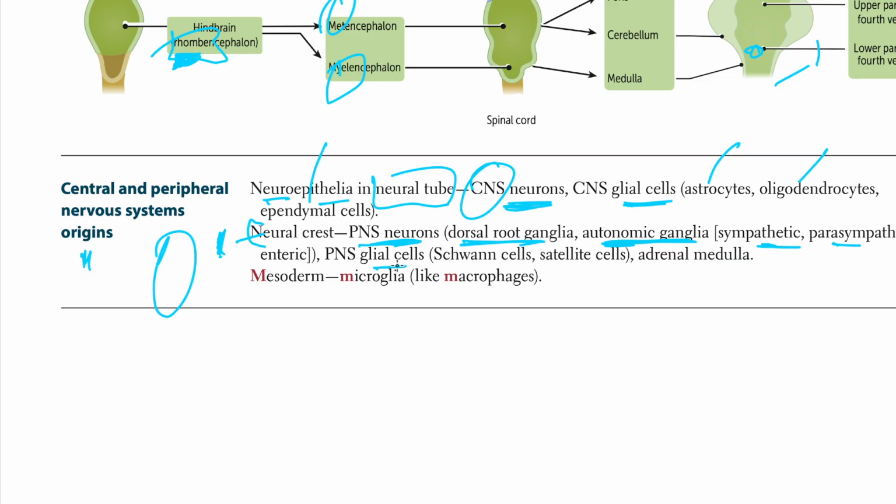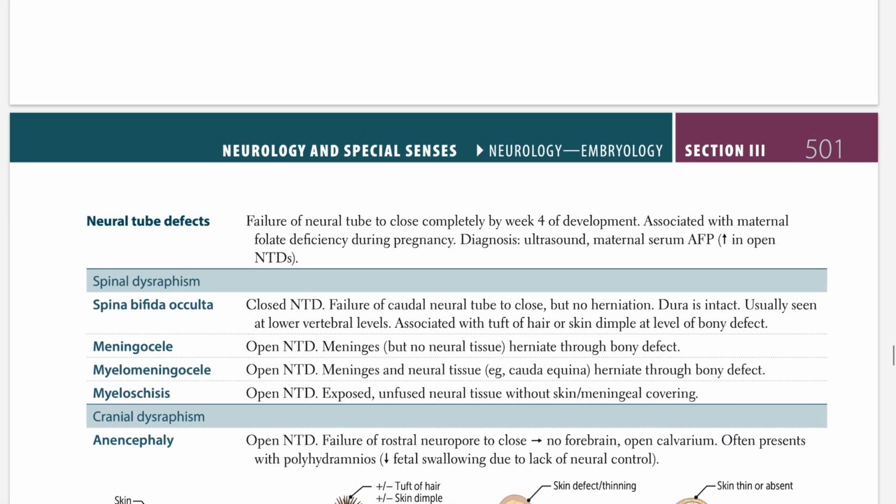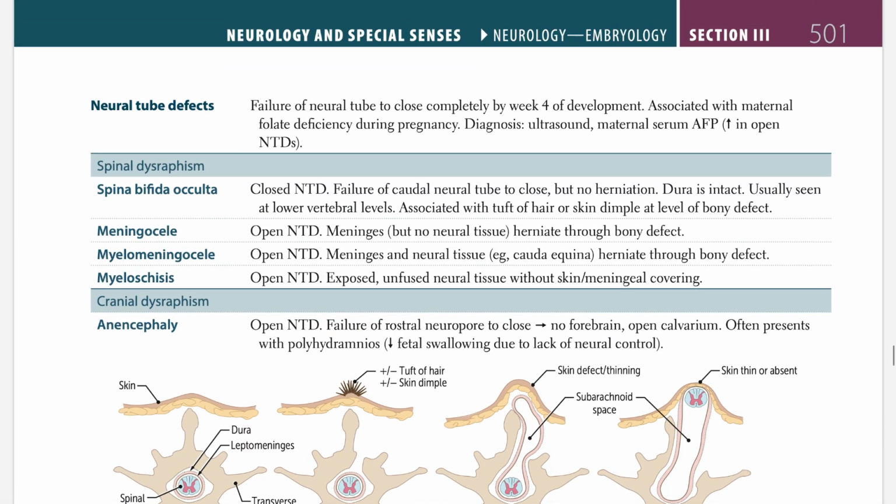On top of that, you're looking at Schwann cells, which are the glial cells of the PNS, and satellite cells and adrenal medulla. One thing which is not from the wall or the periphery is the mesodermal macrophages, which are microglial cells. And that is all. Let's move on to the next high yield topic, which is neural tube defects.